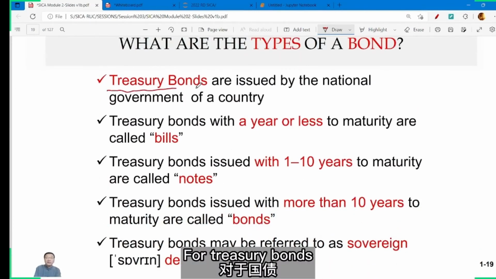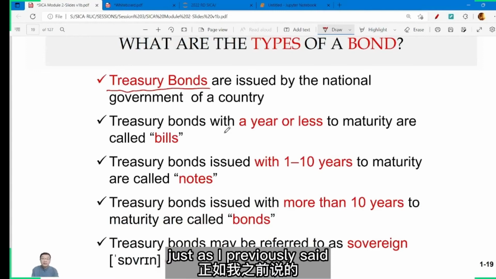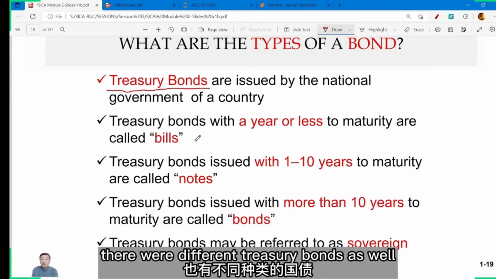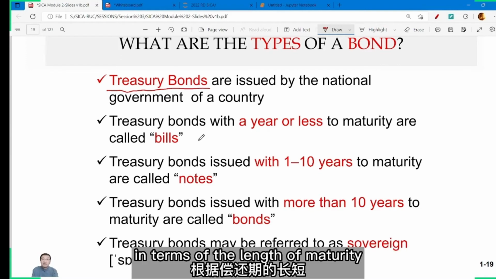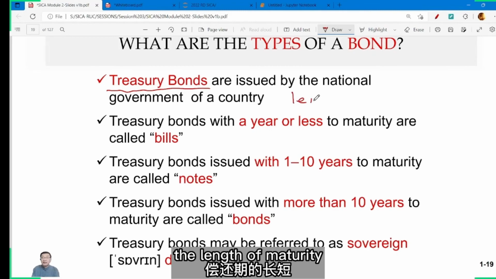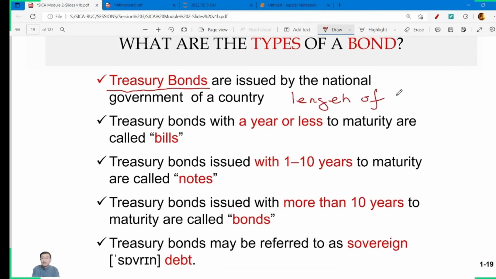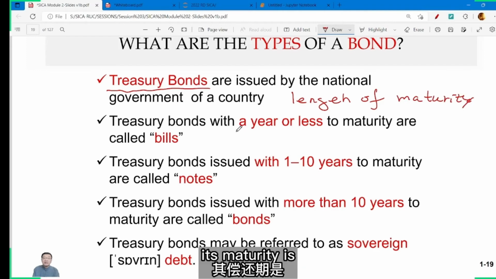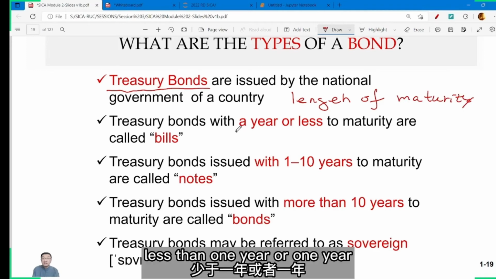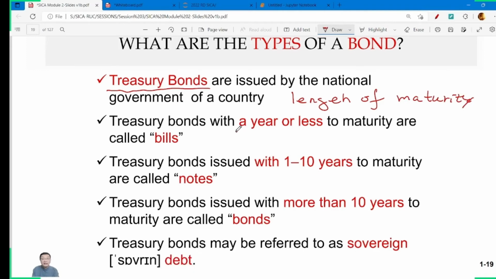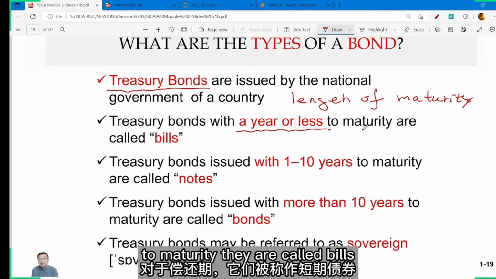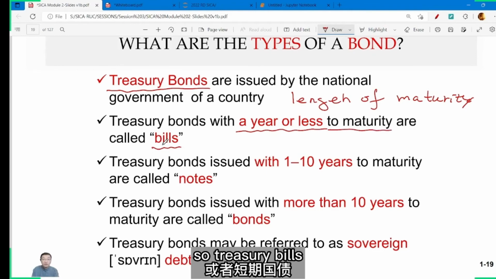For treasury bonds, as I previously said, there are different treasury bonds in terms of the length of maturity. For those bonds whose maturity is 1 year or less, they are called bills, so treasury bills.